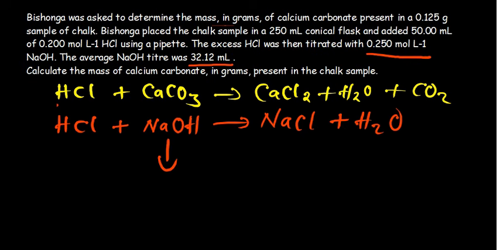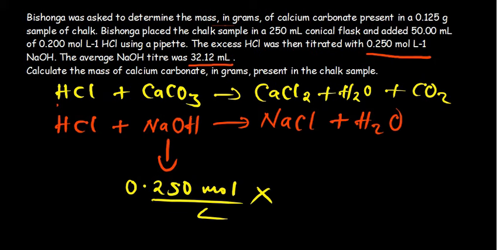We have 0.250 moles per liter, and then we are multiplying by 32.12. Milliliters, we would have to take that to liters by dividing by 1000 or multiplying by 10 to the power negative 3. So we now have our volume in liters. So the liters can cancel out. So grab your calculator there and perform your calculation.